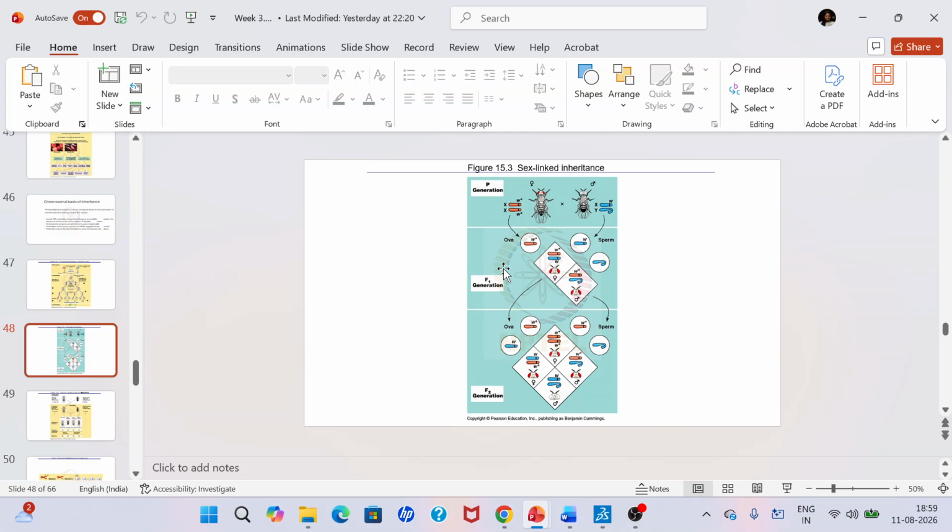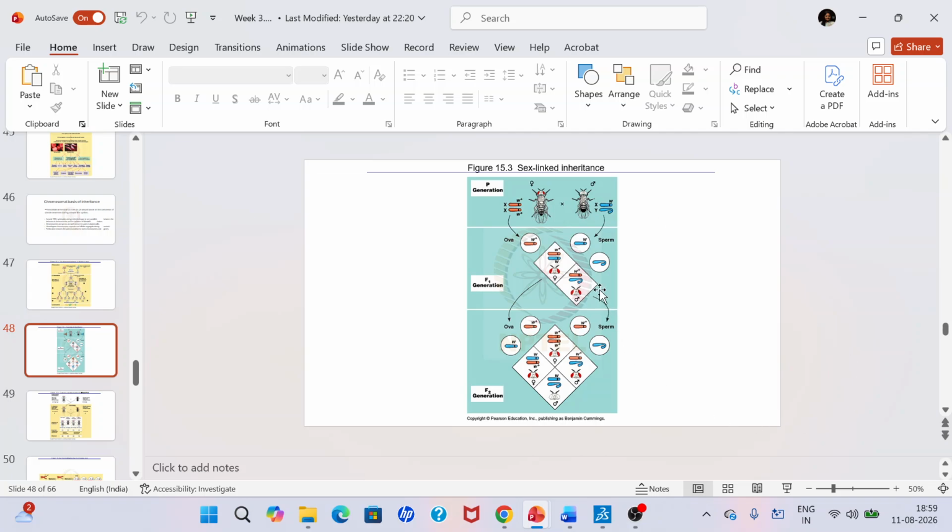Sperm will produce gametes with the white eye character. When the fusion happens, all of the offspring will have red eyes because of the dominant situation in the mother.